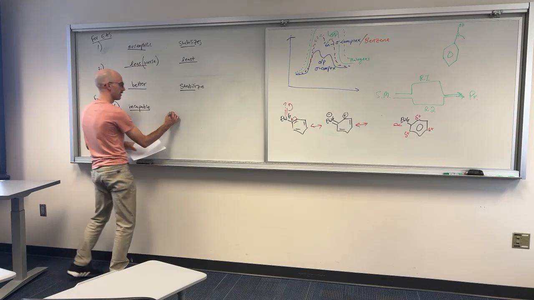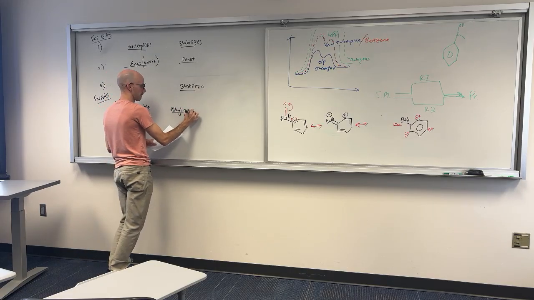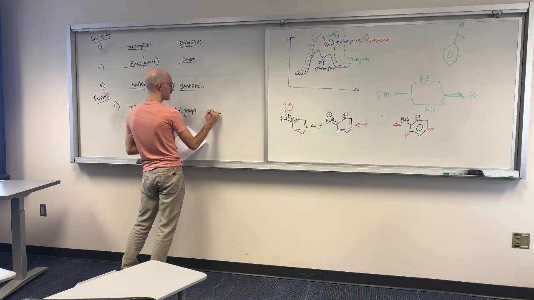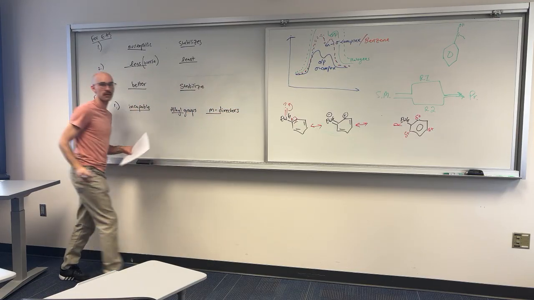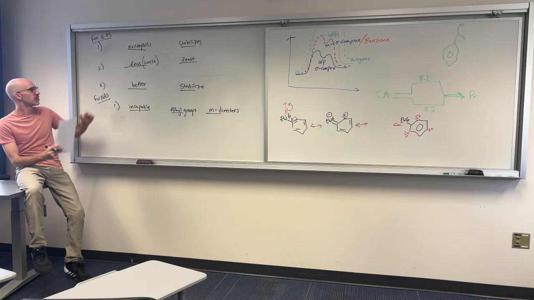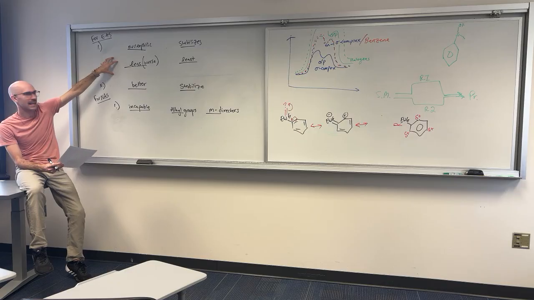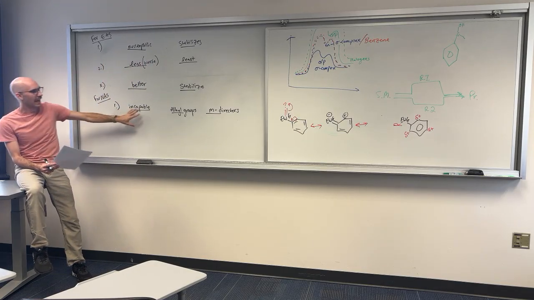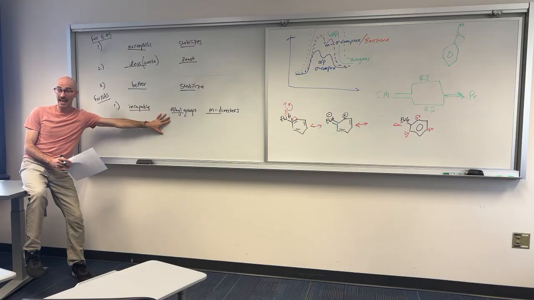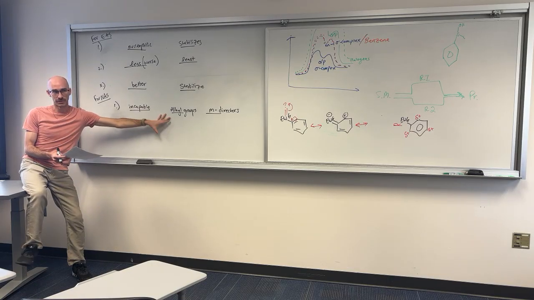Except for alkyl groups, which become meta-directors. Just like how electron withdrawing groups are bad for EAS, and so they become meta-directors, alkyl groups are bad for NAS, so they also are meta-directors.